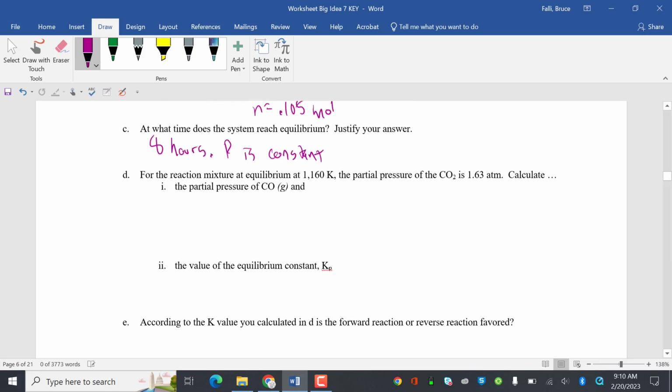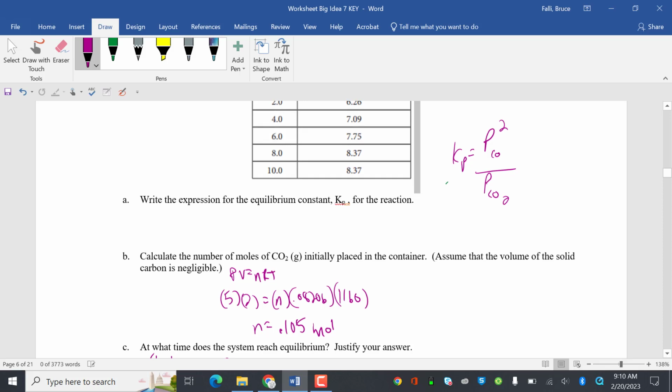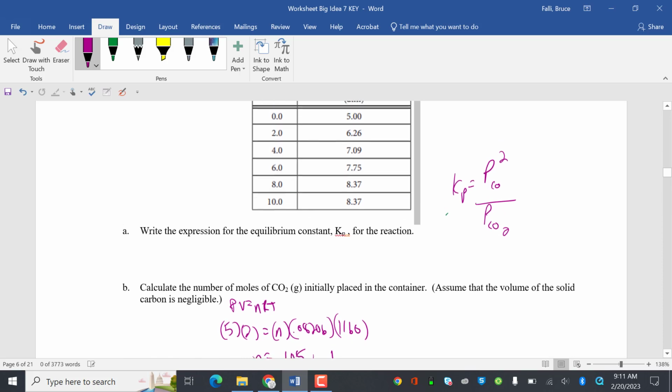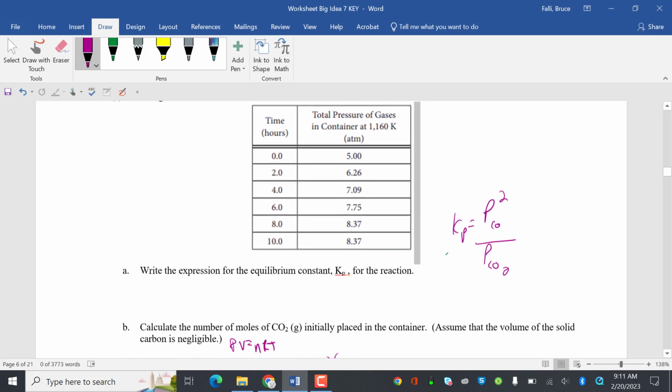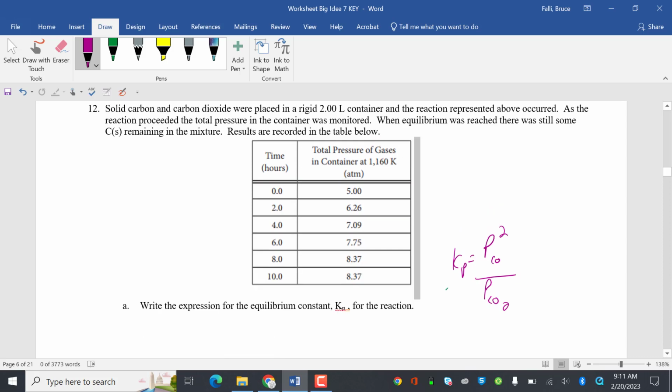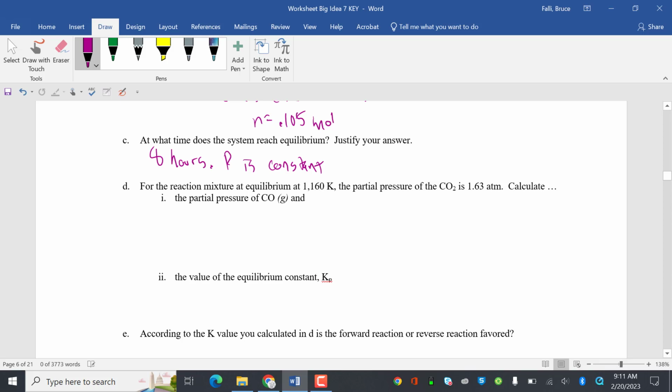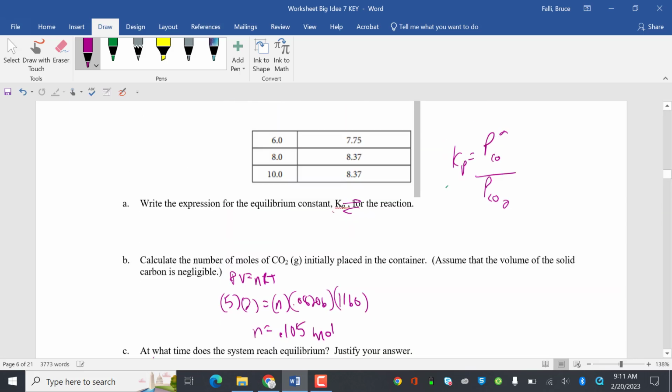Okay, so what I know already is I can figure out K from above. So that means it's going to be the total pressure of the gases. I'm going to start with the partial pressure of CO2. So I guess I got to really figure out the equilibrium constant. Make sure I got this right.